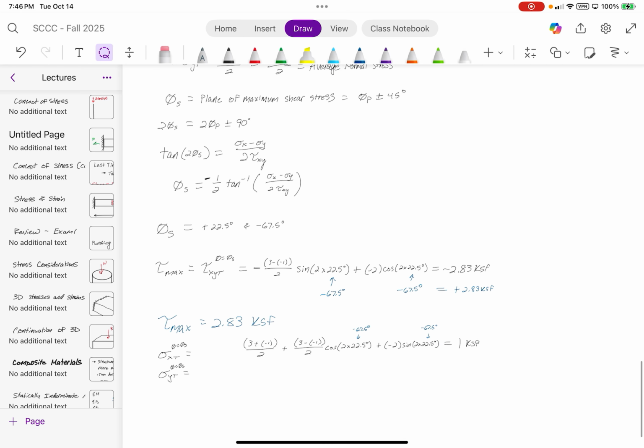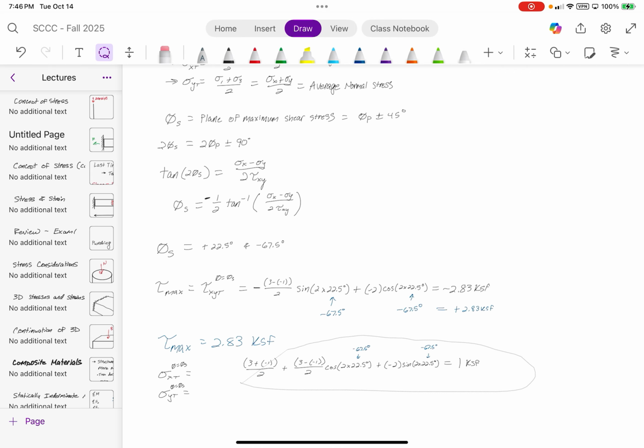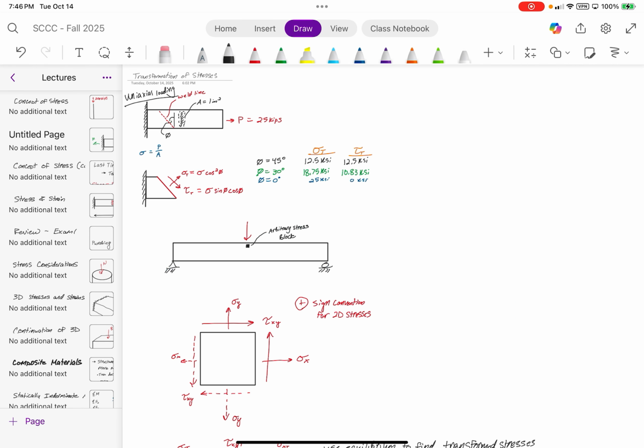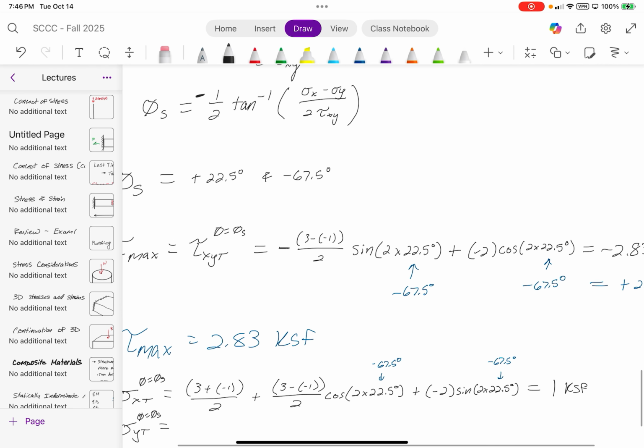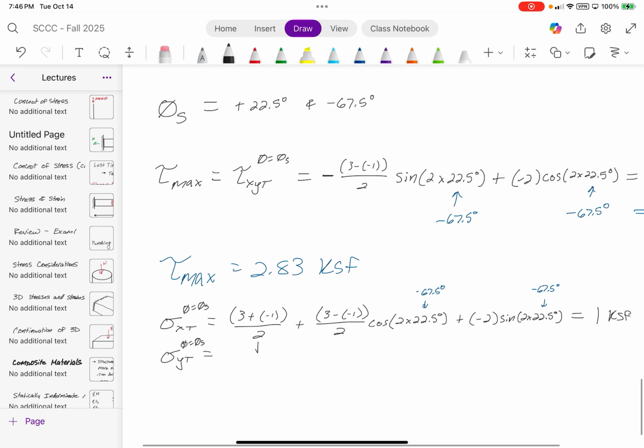And then if you did the same thing for sigma yt, if you recall, this equation is just the same as sigma xt, just instead it has negative signs. And again, it's going to equal 1 KSF.